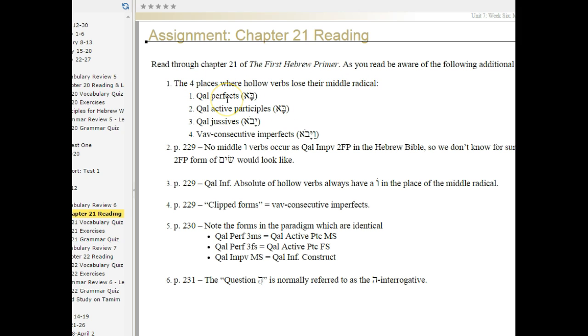The Qal perfects, the Qal active participles, the Qal jussive, and the Qal vav consecutive imperfects are the 4 places where hollow verbs lose their middle radical. Now there are some other places in other stems, but we haven't learned those stems yet, so this is all you need to know for the present time.